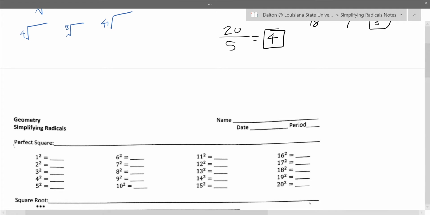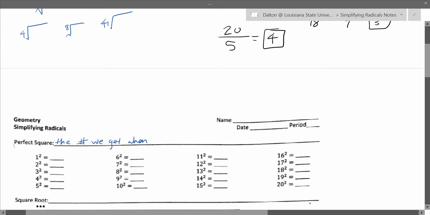A perfect square, hopefully you think about a number like the number 16 or the number 9 or something like that. So perfect squares are the number we get when we multiply a number times itself.